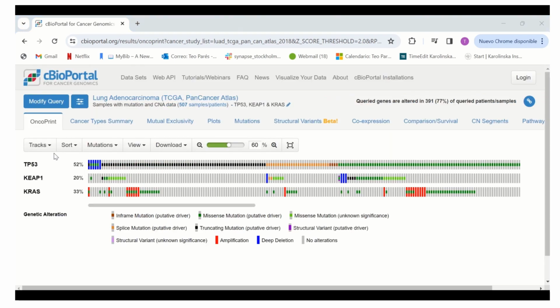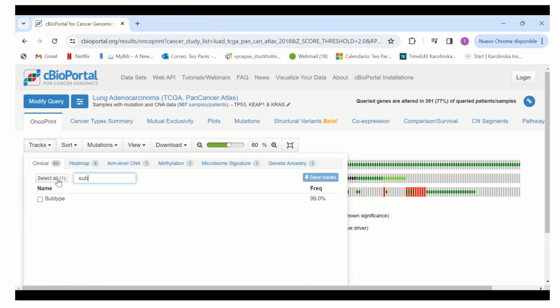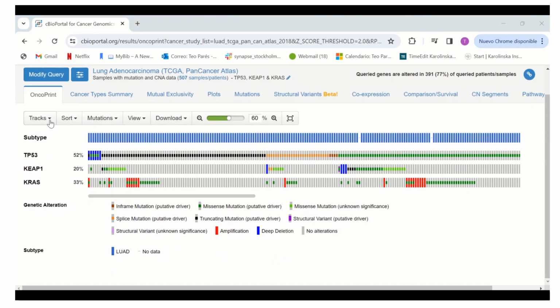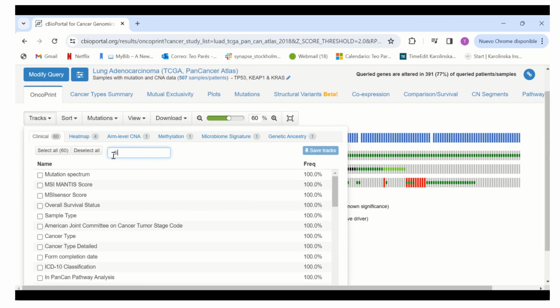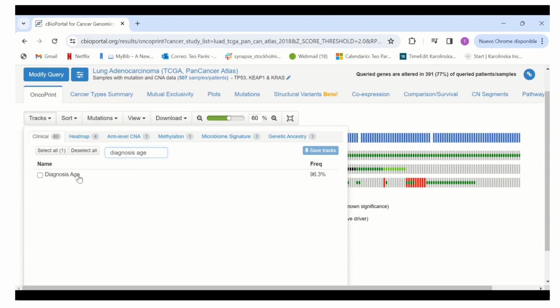Interestingly, another feature of OncoPrint is that different tracks can be added to visualize additional information, such as subtype, for example. And then we can see that all of them are lung adenocarcinoma. Then, diagnosis age could also be added.